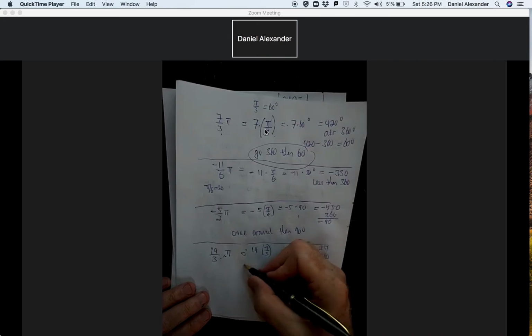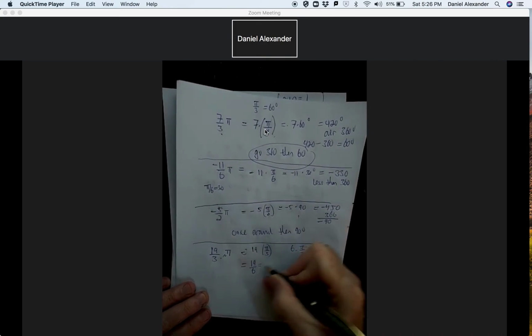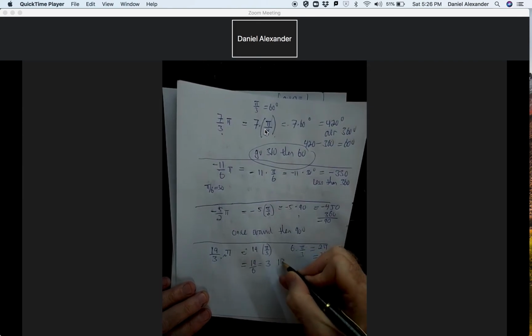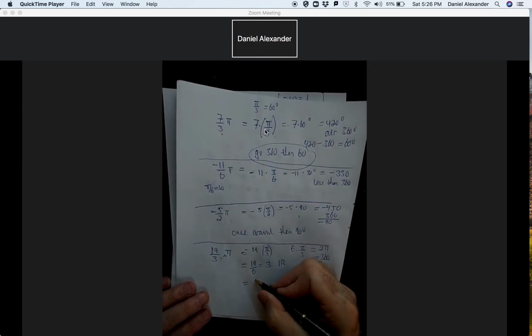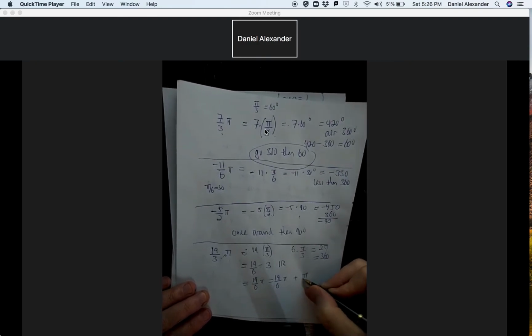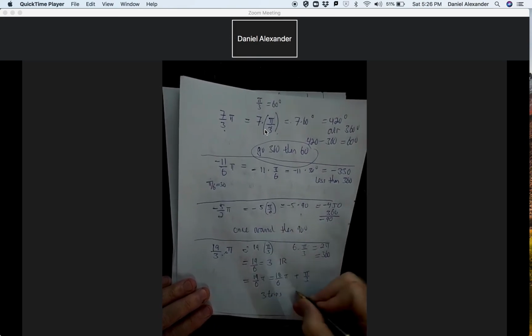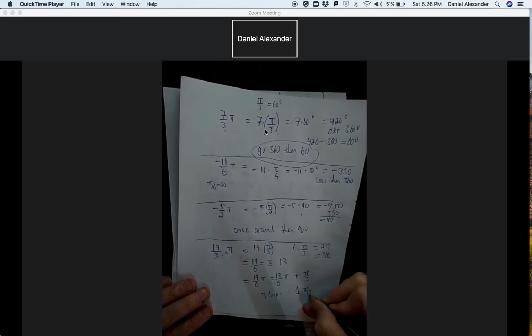So I divide this by 6, and I get 3 with 1 remainder. What that tells me is that 19 over 3 pi is the same as 3 trips around the circle, or 18/3 pi, plus another pi over 3. So it's going to be 3 trips, and then 1 pi over 3, or 60 degrees.